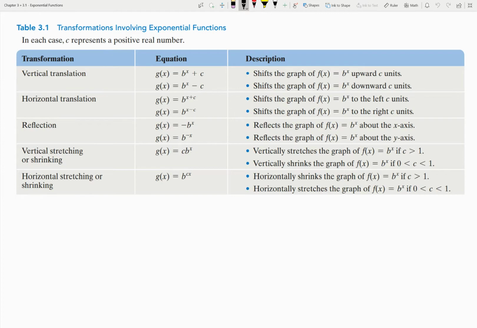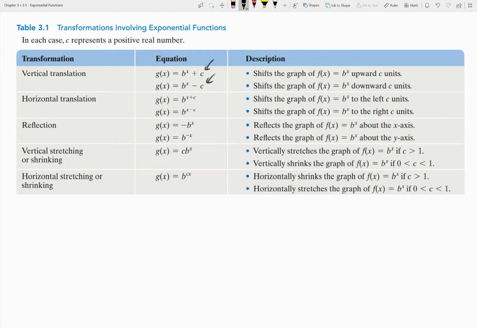Now, like every other function that we have graphed in the past, it is possible to translate these functions vertically, horizontally, reflect, and stretch vertically and horizontally, right? We can move them up, down, left, right, reflect over the x, over the y, and stretch and compress vertically or horizontally.